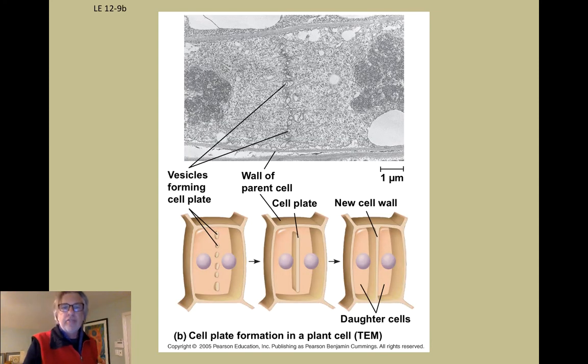In contrast, in a plant cell, we see the formation of cell wall elements and cell membrane elements. And so what happens is here is the cell plate forming between the two cells, and eventually it will close and form a new cell wall. We're not going to get much into how plants do that and how those cells grow after this. We'll leave that for a more advanced biology course.